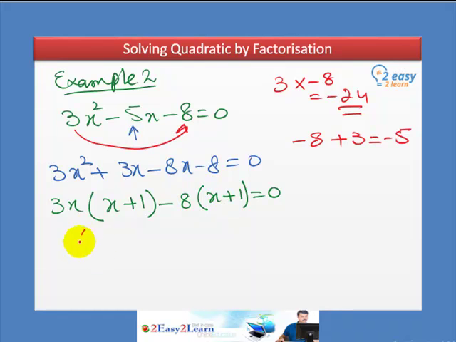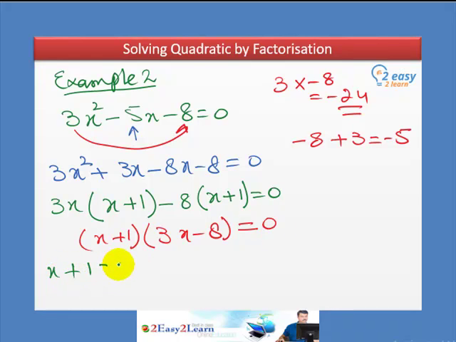So take x plus 1 as a common factor, and what is left inside is 3x minus 8. This method has been discussed in previous chapters. Now this equation is factorized. 3x square minus 5x minus 8 is factorized as x plus 1 and 3x minus 8. These are two factors, and equate both factors one by one to 0. So x plus 1 is equal to 0 or 3x minus 8 is equal to 0.